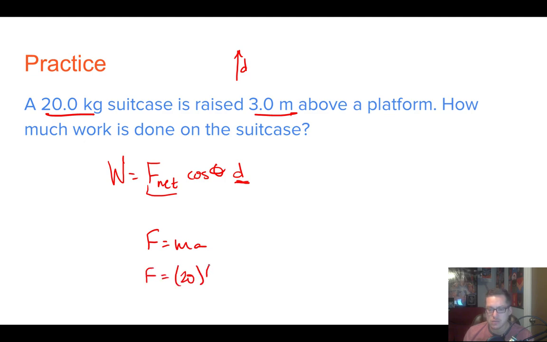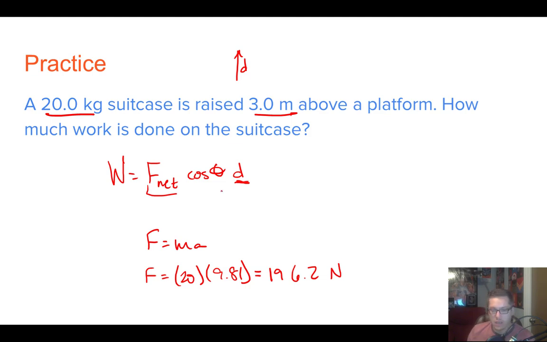What's the acceleration? The acceleration has to be 9.81, because it's moving up and down, so that's the acceleration due to gravity. If we take 20 times 9.81, we get 196.2, and this is in newtons because that's our force.